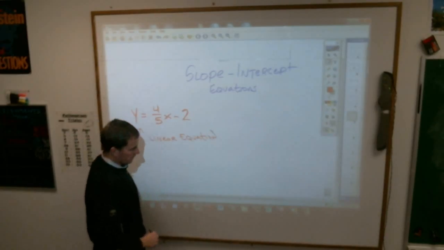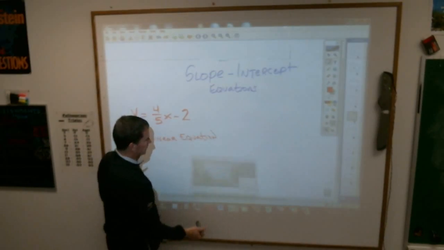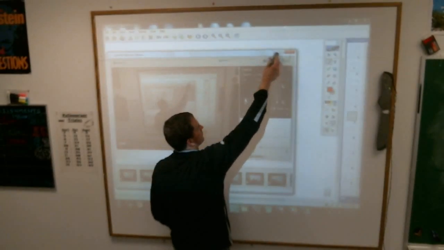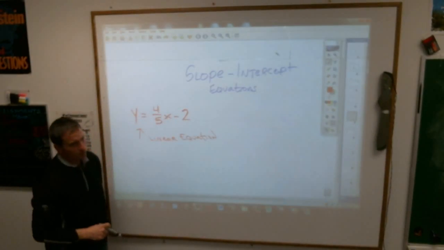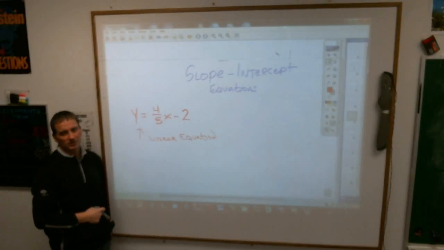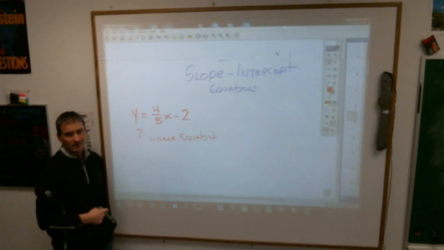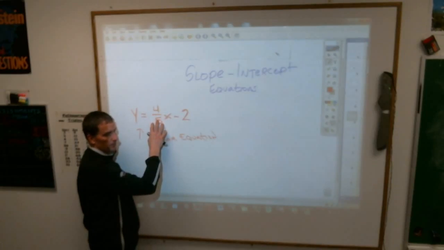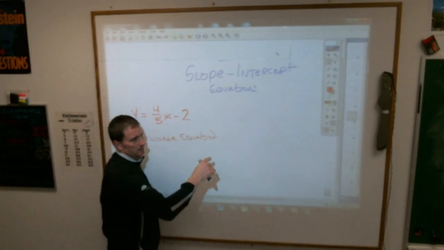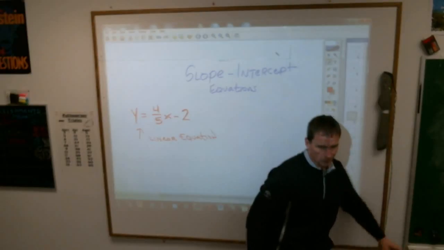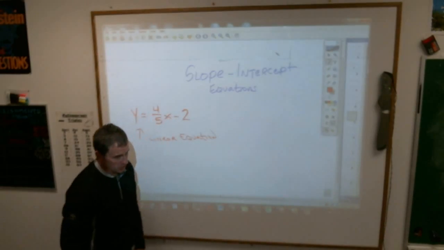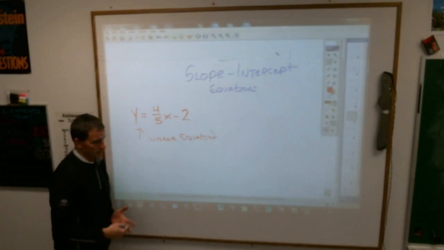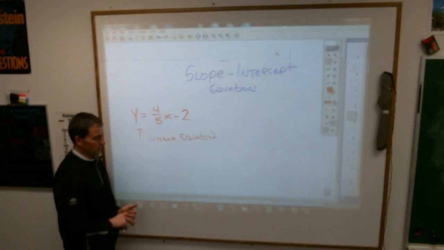Why do you suppose we call that a linear equation? Take the words apart, please, for me. What does the word linear sound like? Line. This is an equation that when you graph it, you get a line. I think that was even the answer for it there. Linear equations give you lines on coordinate systems.